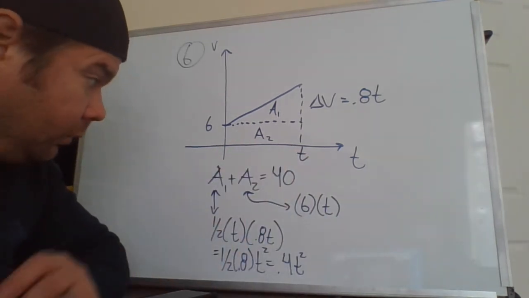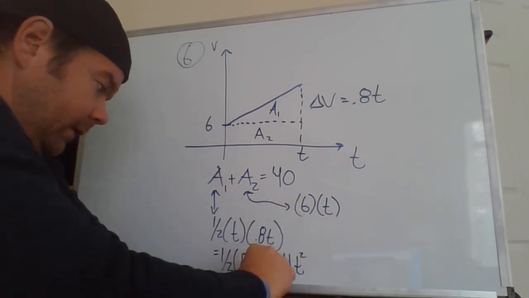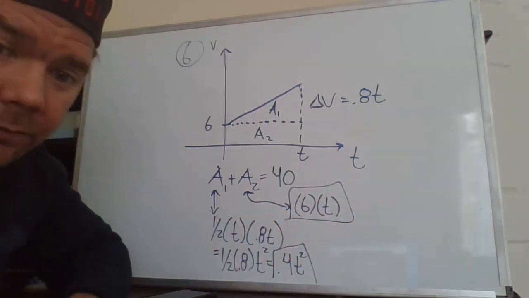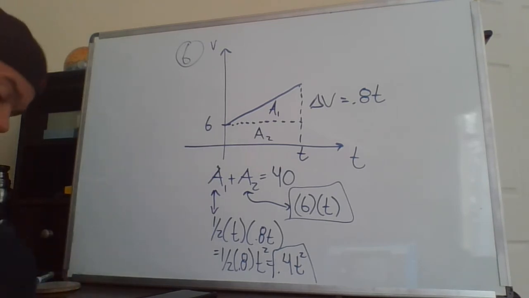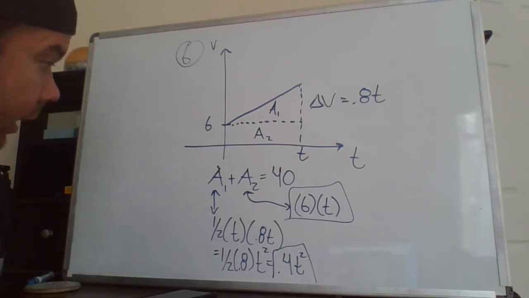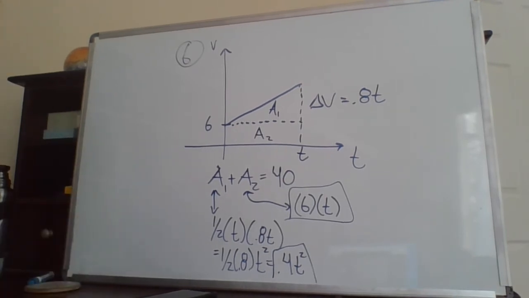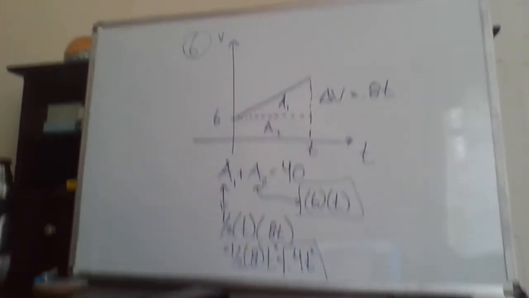Again, we don't know t, so that's the best that we can do. Area 1, here's the expression for that. Area 2, here's the expression for that. If you've gotten this far, that's pretty good. There's just a little bit more to go. We can see the stuff that I'm doing over here, so let me scoot it, and let's put it together.